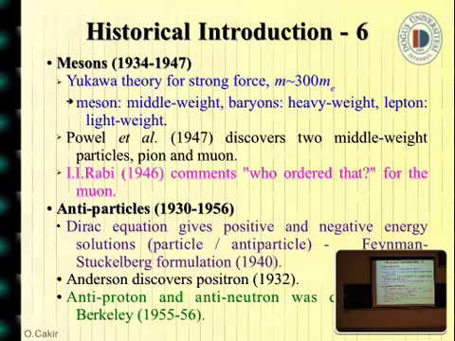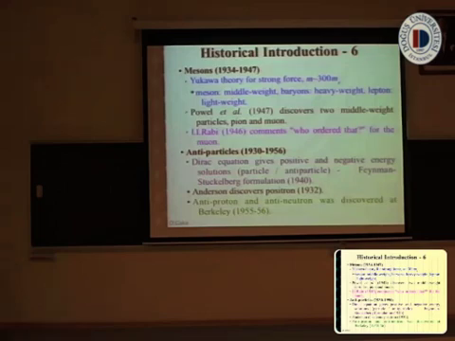Meson means middleweight, baryon means heavyweight, and leptons mean lightweight. These names are used commonly. And Yukawa's theory for the strong force suggests a particle which has a mass around 300 times the electron mass.